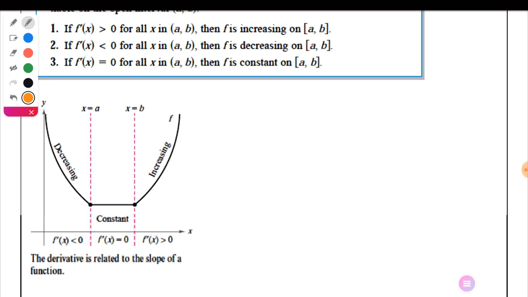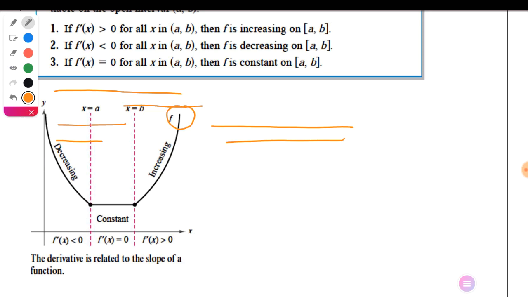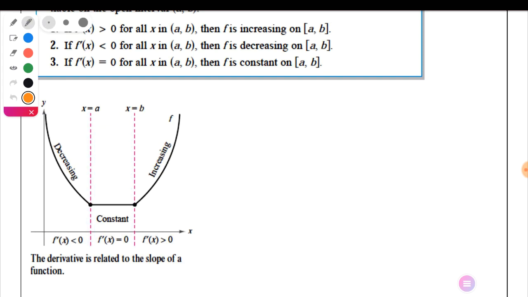Here, for the branch of this function at the left, look at this part. The slope of the tangent for this part of the function is negative.